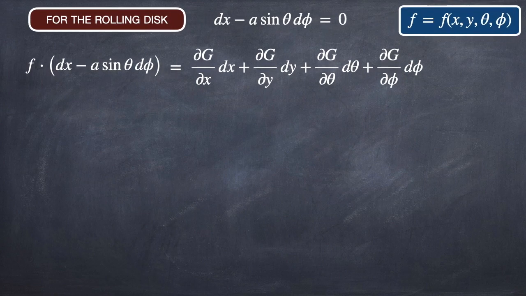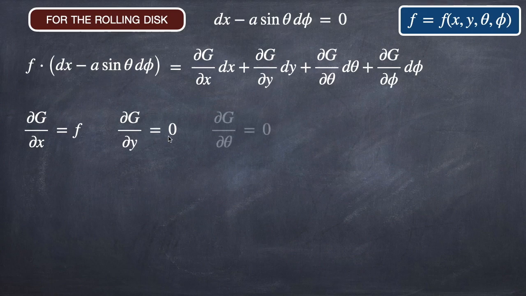Then we identify del g del x. It is the term multiplying the differential dx, which is f. Since there is no differential dy, del g del y is going to be 0. The same for del g del theta. And del g del phi is going to be the negative of a times f times the sine of theta.